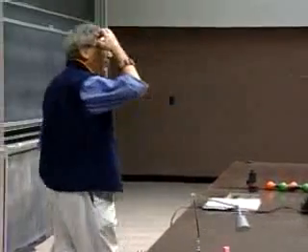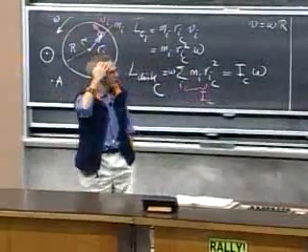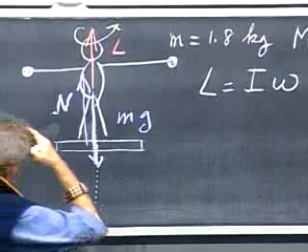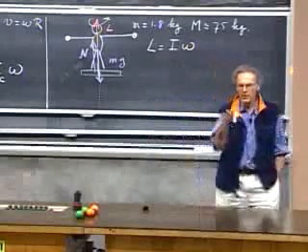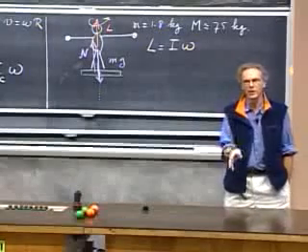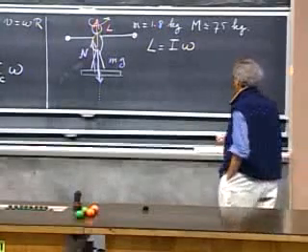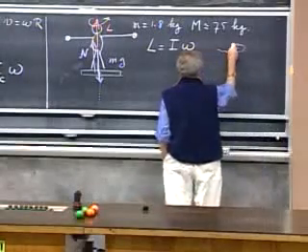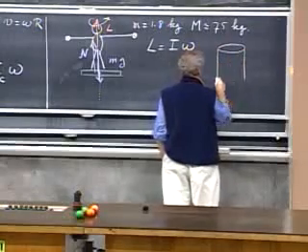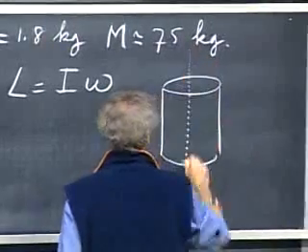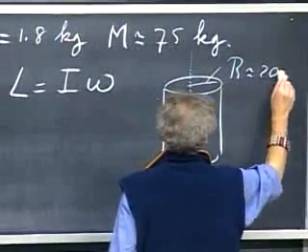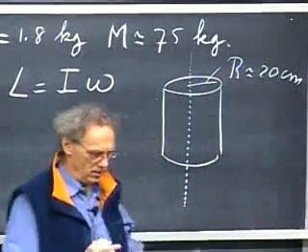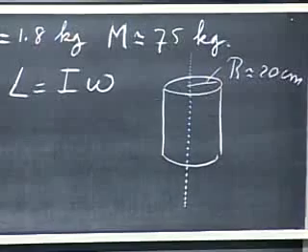And I want to be a little bit quantitative with you. I simplify my own body by a geometric object for which I can calculate the moment of inertia, which is a cylinder. I may not look like a cylinder, but close enough for all practical purposes. And this cylinder has a radius of about 20 centimeters. Not too bad. It sort of fits me.